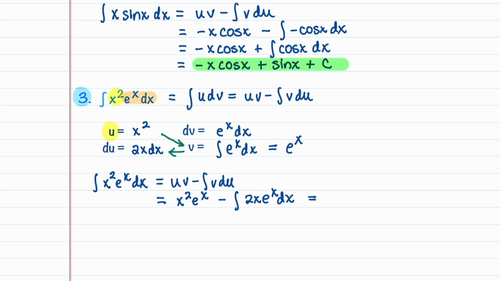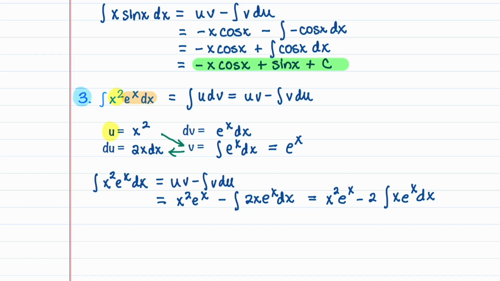Let's rewrite this, and we're going to pull out the 2. So this becomes x squared e to the x minus 2 times the integral of x e to the x dx. Now we're going to have to use integration by parts again.